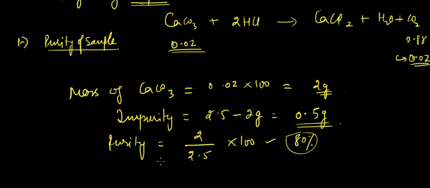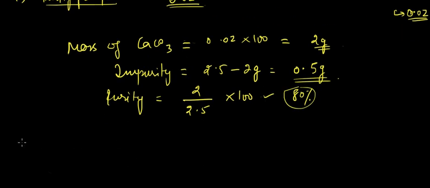Okay, so the next sub part of the question is, if the mass of CO2 produced is 1.76 grams, then calculate the mass of CaCO3 sample.